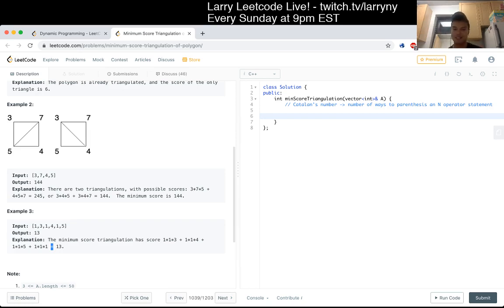Wow. So what does it mean to draw a line between two numbers? If you draw a line between two numbers, then you have... I think I'm okay, maybe.